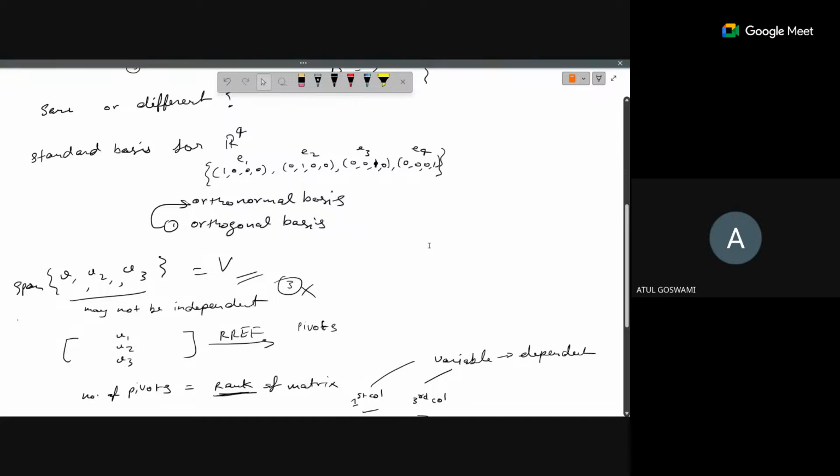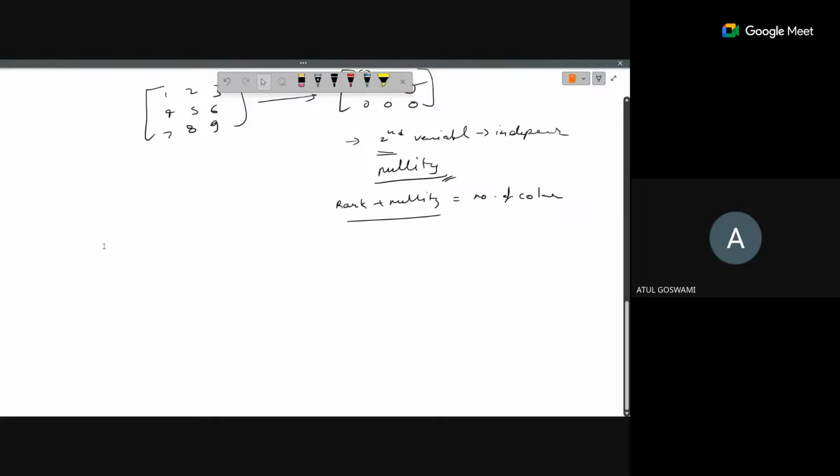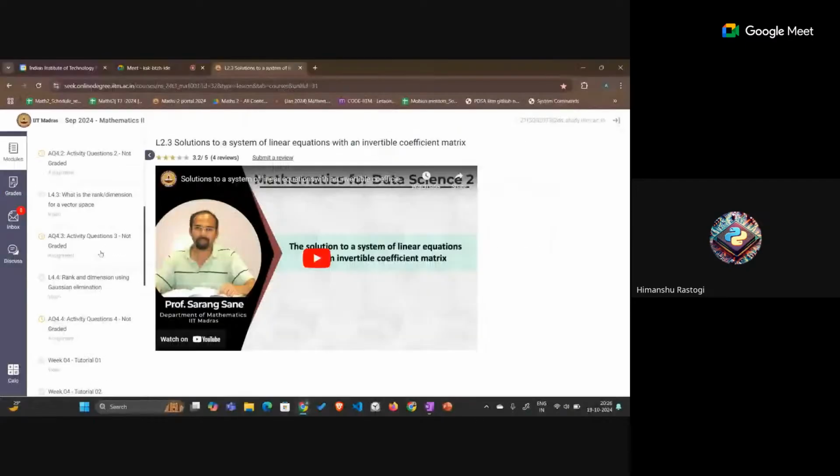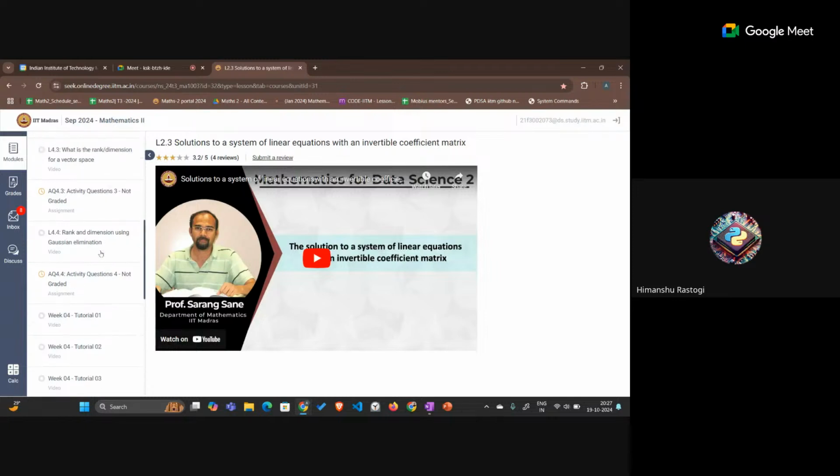Even basis is important, because the linear combinations of the vectors of a basis can span the whole vector space.